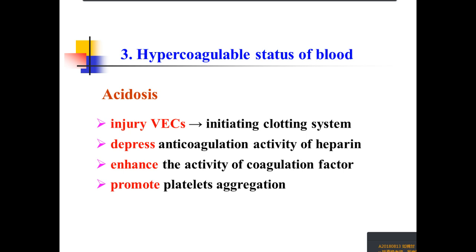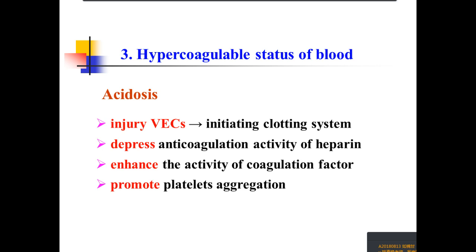Now, hypercoagulable status of blood: acidosis. Acidosis can damage vascular endothelial cells. Damage to them can lead to increased coagulation function. Now, acidosis can depress the anticoagulant activity of heparin. Acidosis can lead to decreased heparin function, so leads to increased coagulation function.